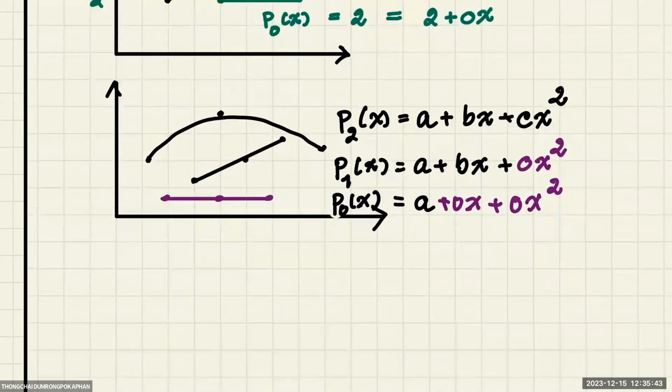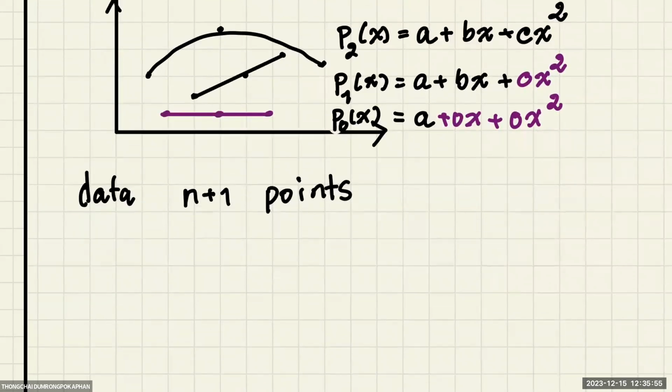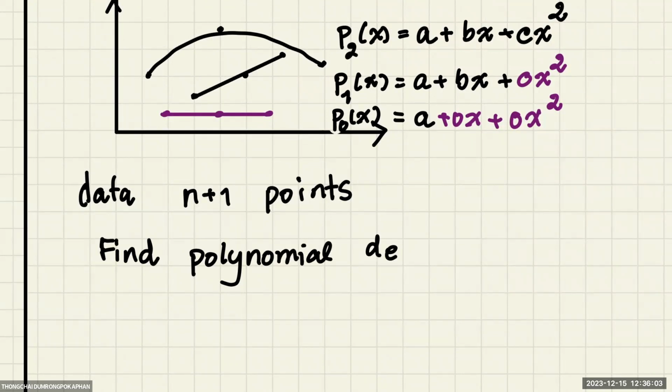So in general, if you have a data set with n plus 1 points, you can find the polynomial of degree n.